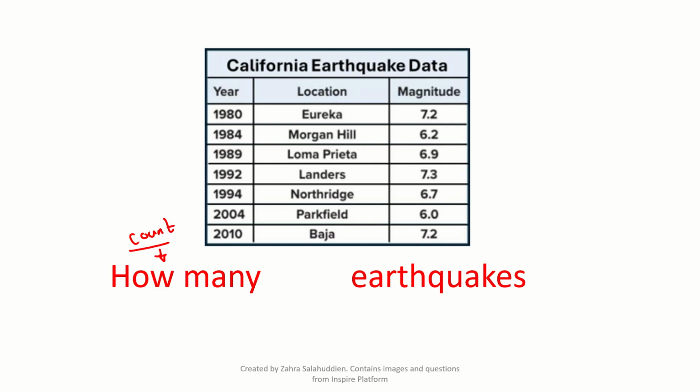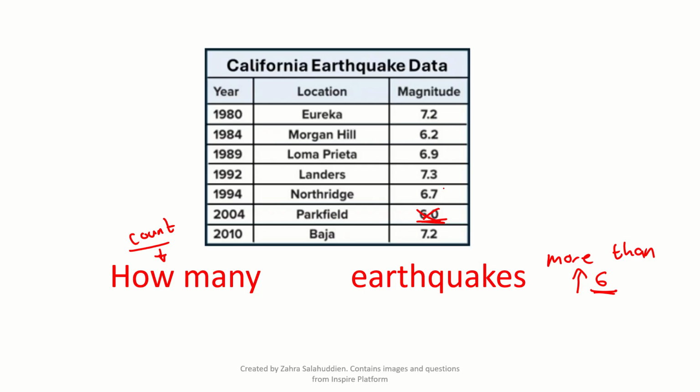How many earthquakes are, for example, more than? More than means a bigger number. More than what? More than 6 maybe. Now I will look for the number 6 and I will count all the ones bigger than the number 6. Okay, so I have 6. I will not count 6.